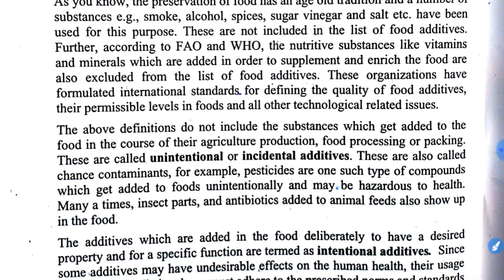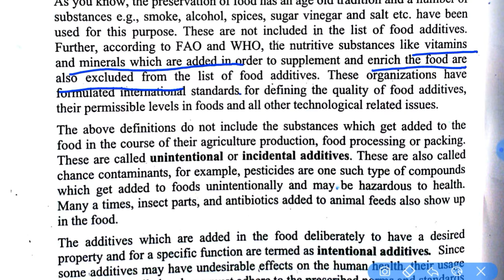According to FAO and the World Health Organization, the nutritive substances like vitamins and minerals, which are added in order to supplement and enrich the food, are excluded from the list of food additives. You cannot call them food additives.